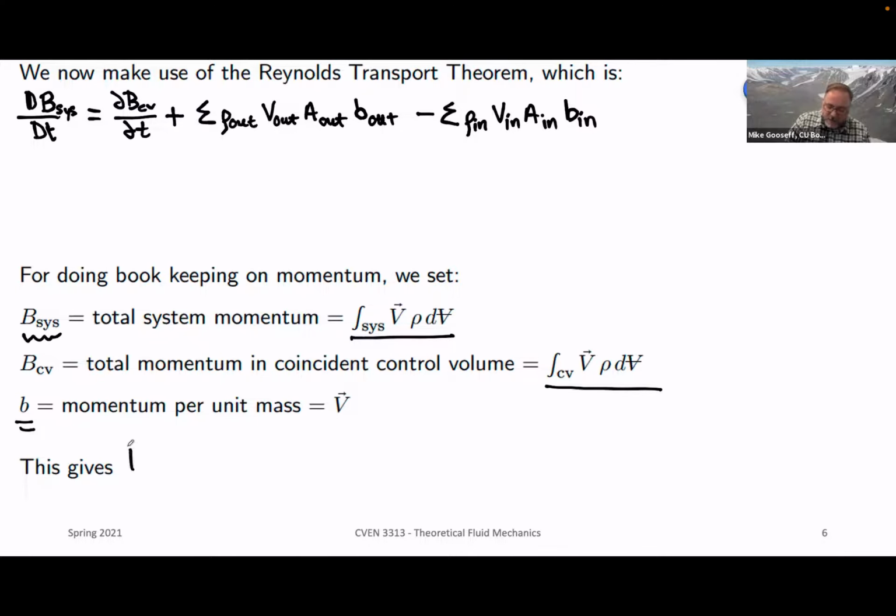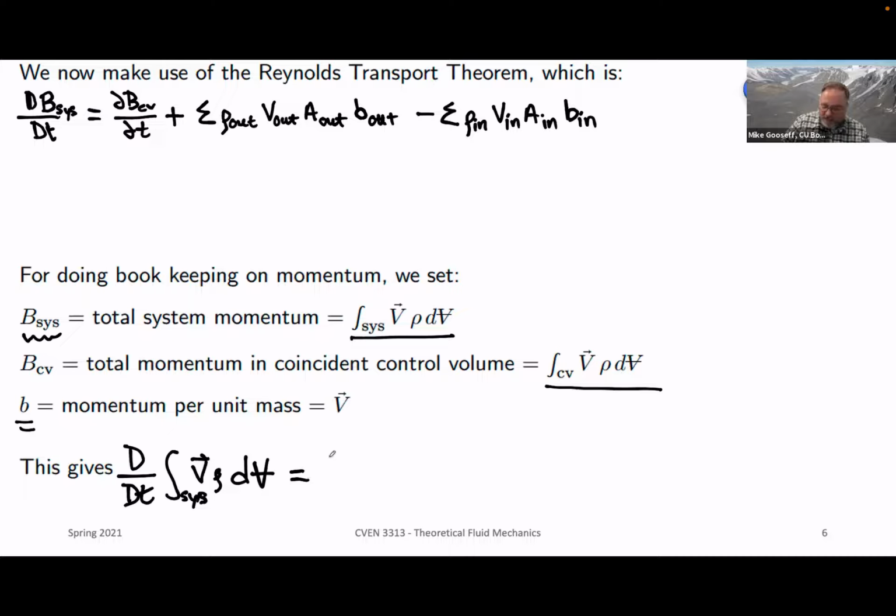So now what we end up with is d dt of the integral over the system. All I'm doing is plugging these three things into this general equation. I could have written that out bigger. In any event, the integral over the system volume of the velocity vector times rho dV is the left-hand side.